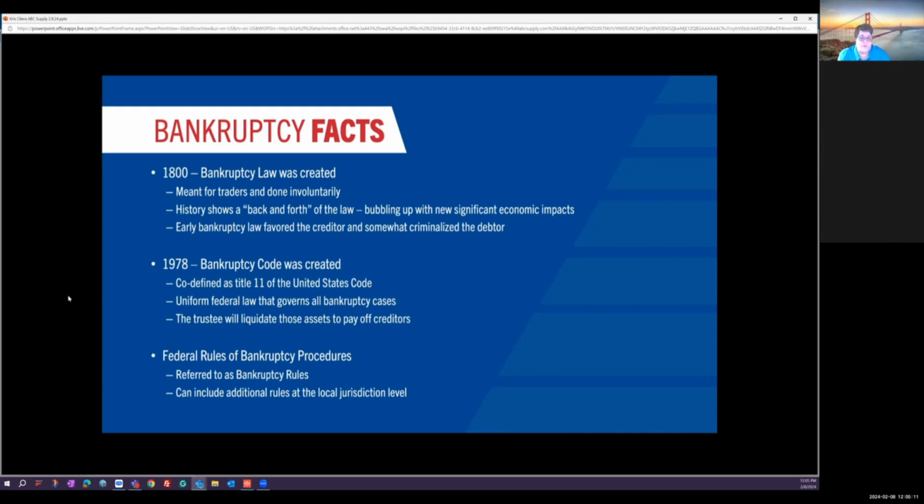Further federal rules of bankruptcy procedure were created. And then, as with most things, and Lori can probably attest to this as well, you sometimes have to deal with state differences, not so much differences in laws, but how they want to address the proceedings.